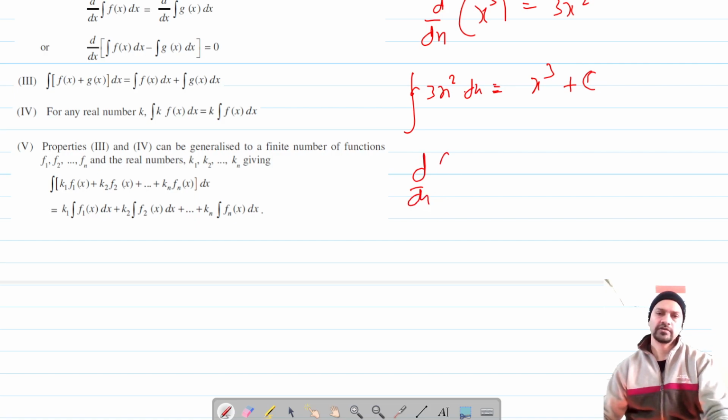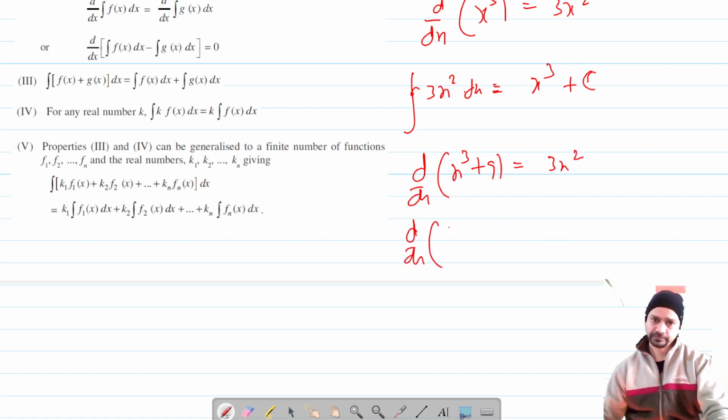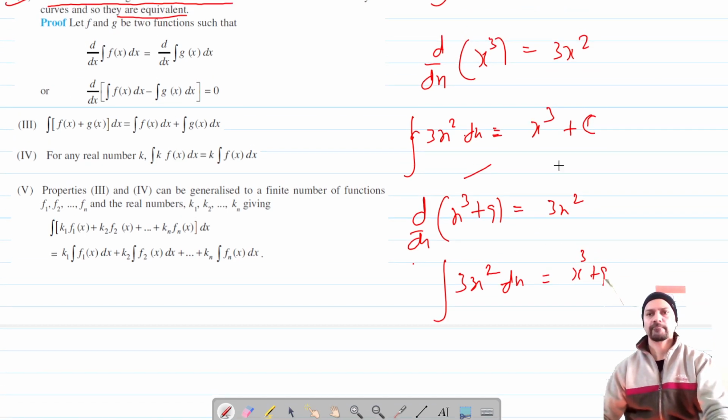Similarly, differentiation of x cube plus 9 is also equal to 3x squared. So integration of 3x squared with differential element dx can be written as x cube plus 9.